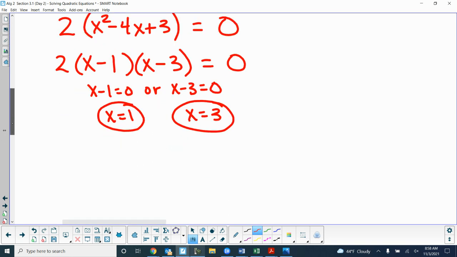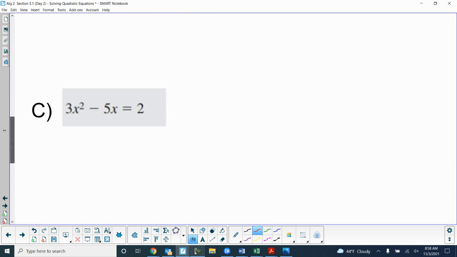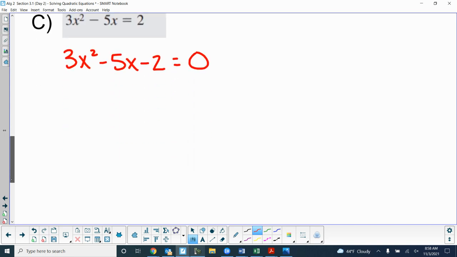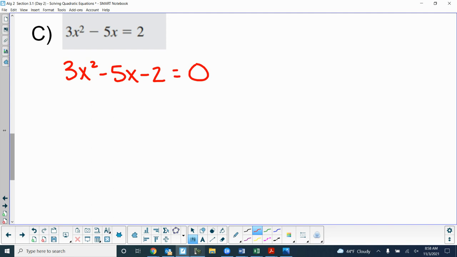All right, we got a third one here. What's the first step? Move the 2 over, right? I heard somebody tell me. Is there a GCF in this problem? No. What's my a value? 3.